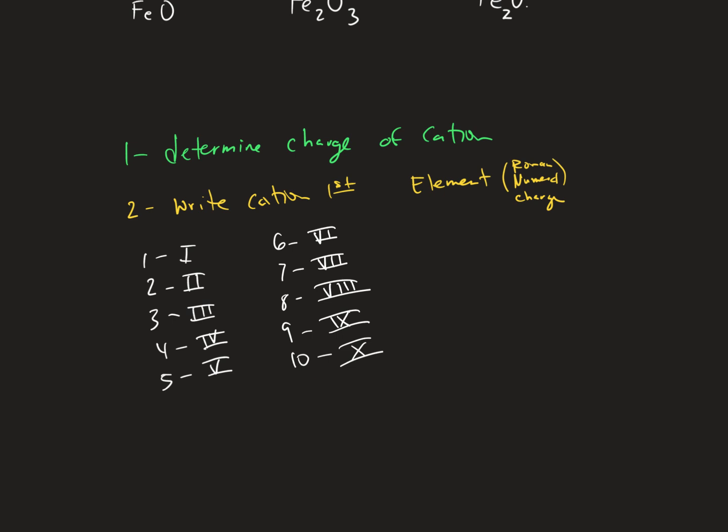So the Roman numeral represents the charge of our cation, of our transition metal. Good? And then we name the anion second, using -ide as the suffix, right?